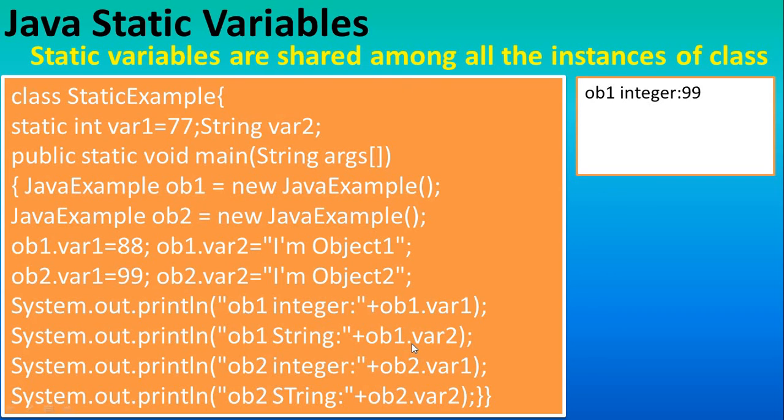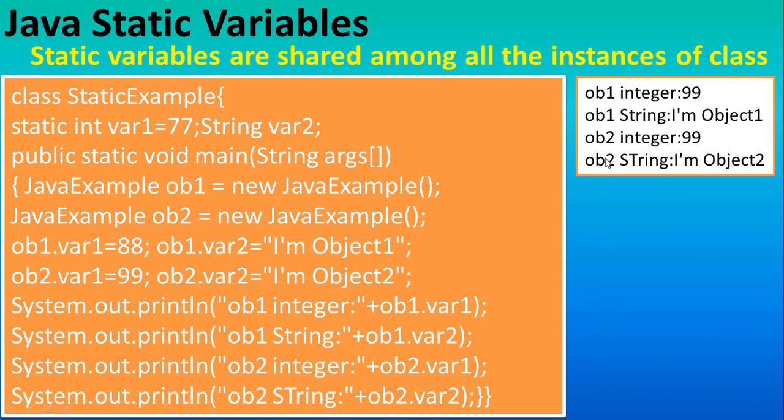Next one, the string value, we are printing ob1.variable2. This is variable 2 and this is ob1, so you are getting the output I am in object 1, because with the ob1 object the value is I am in object 1. Then with ob2, as I told you, the value will be shared with the object, so you get the last updated value 99.